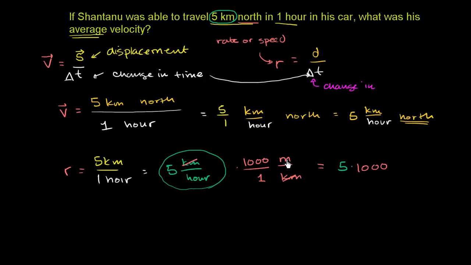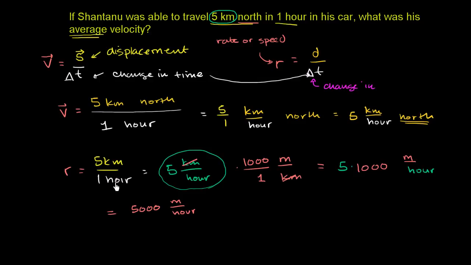And then in the units, in the numerator, you have meters, and in the denominator, you have hours. Meters per hour. And so this is equal to 5,000 meters per hour.